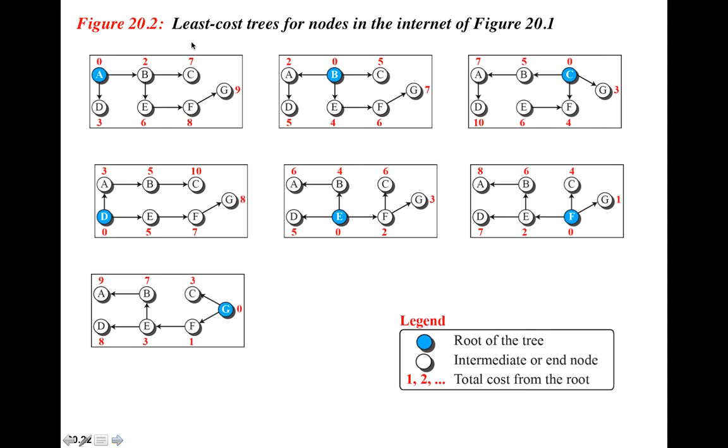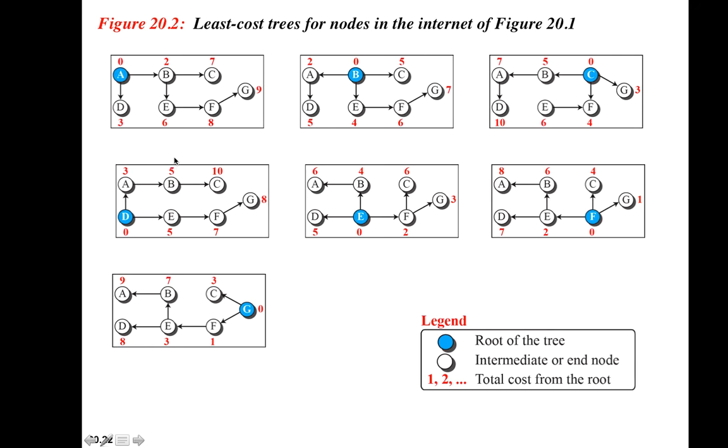So the least cost tree, in this case, what we do is we take every router and we call it the root. Okay? And then we find out the least cost from this node to every other node. Okay?